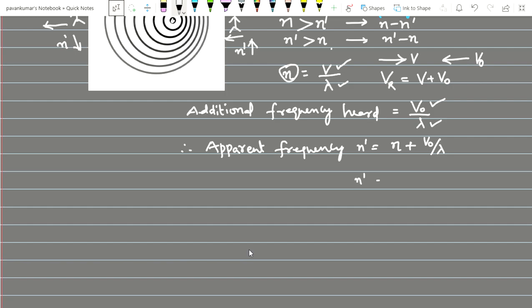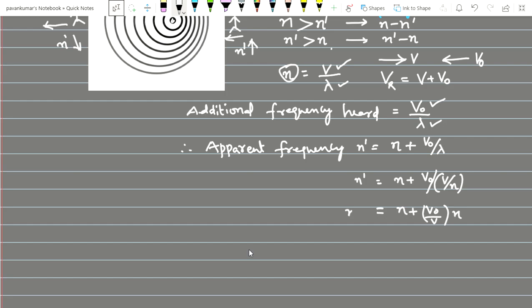Writing lambda as v by n, v divided by n, and taking n to the numerator, we get n plus v naught by v into n.